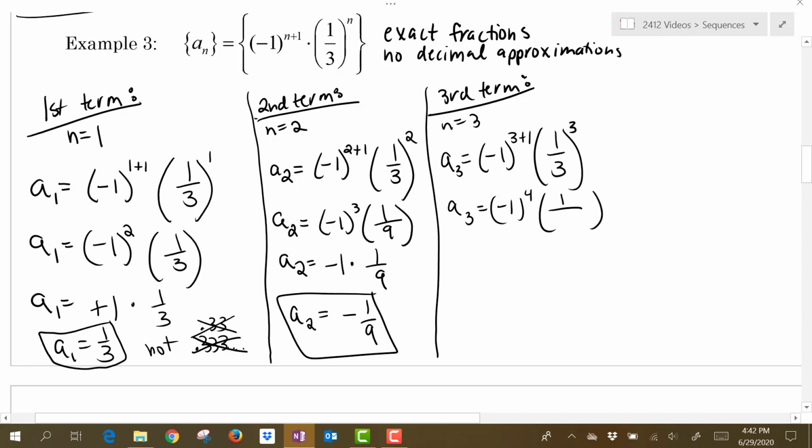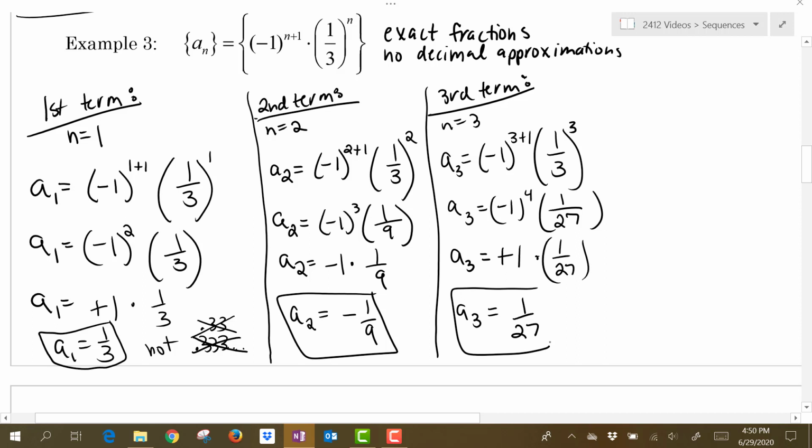Cube the bottom, 3 cubed, is 27. 4 is an even exponent, so we get a +1 times 1/27. So a sub 3, the third term of our sequence, is +1/27.